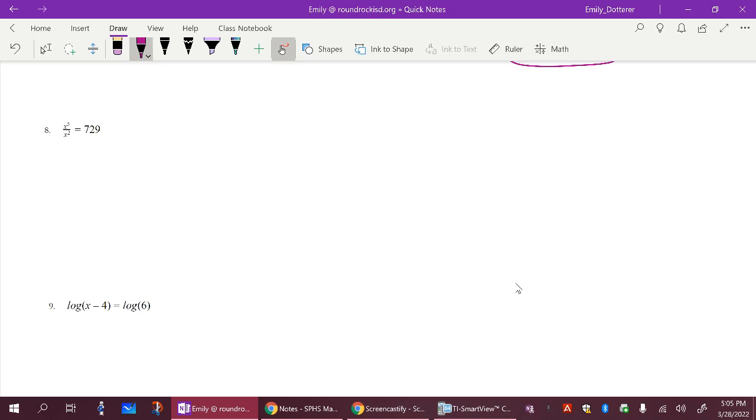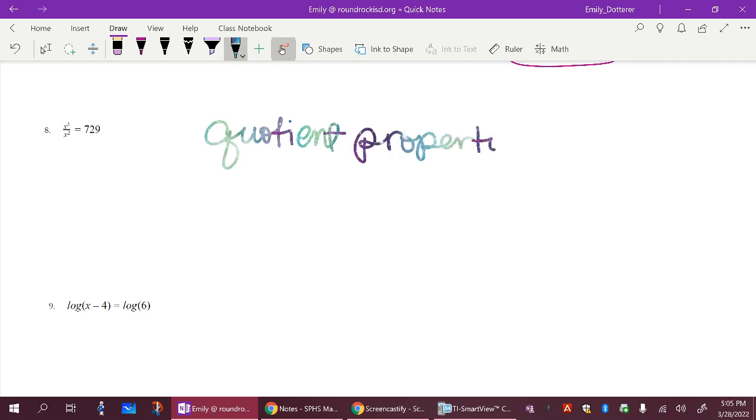Over here on number 8, we are going to have to use some exponent law to help us. We have the quotient property, which says that whatever our base is, it's the same thing as subtracting our two exponents.